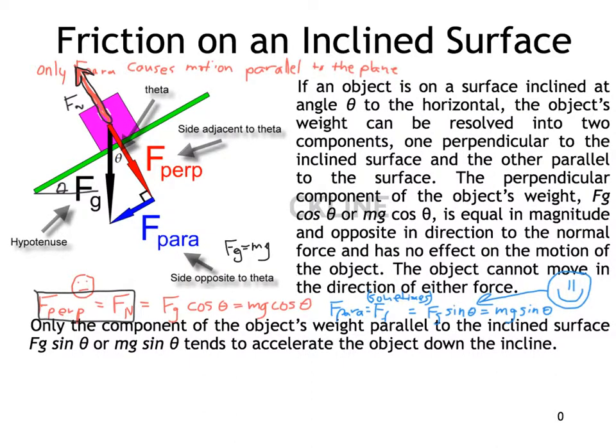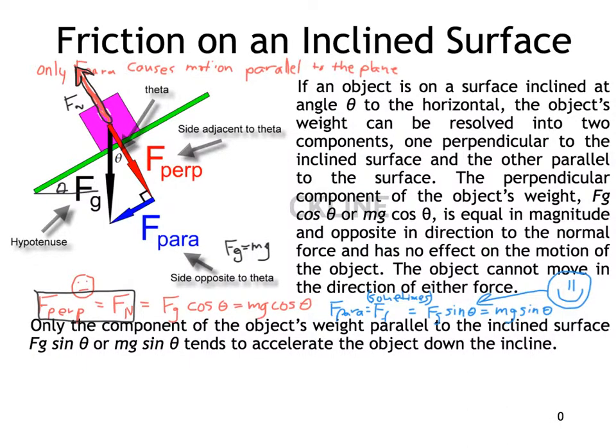So we can also replace Fg with mg. These equations, Fg cosine theta and mg cosine theta, are almost always useless, but they would give you values for F perp and Fn. The reason they're useless is that F perp and Fn will always be equal to each other, and the object cannot move in either of those directions. So it's a strictly theoretical question about the value of F perp and the value of Fn.